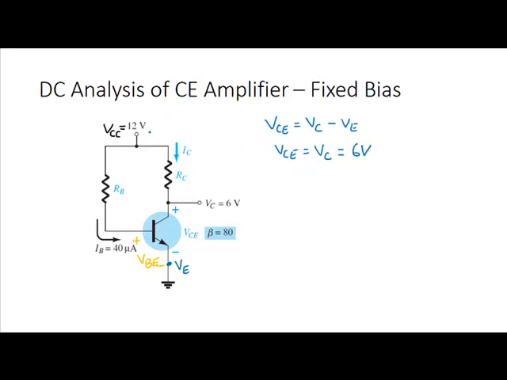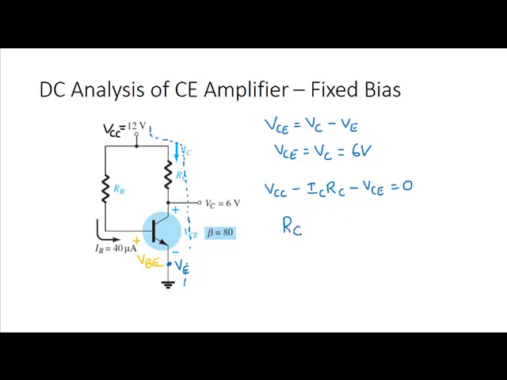Now let me apply KVL to the output side loop. So we start from VCC through RC, then we go through VCE all the way to the ground. So the expression is something like this: VCC minus ICRC minus VCE is equal to 0. So the only unknown parameter is RC.